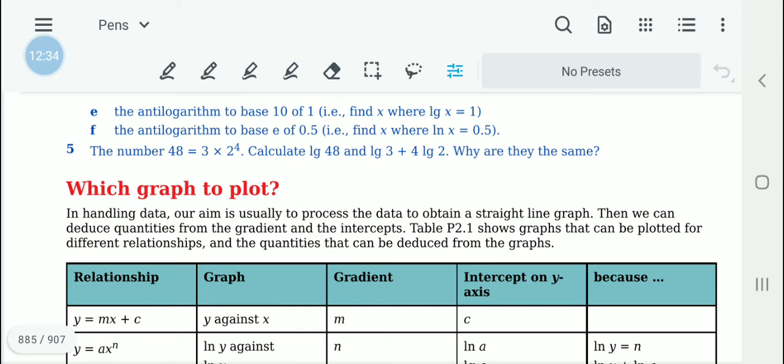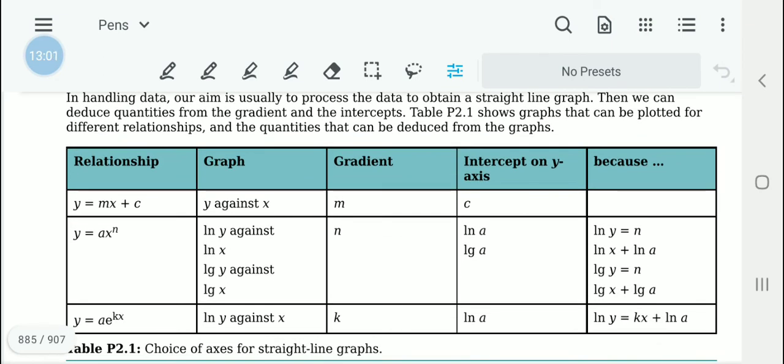However, we need to deduce by the basic graph what kind of relationship would give us a straight line. Based on that, we can calculate the remainder.